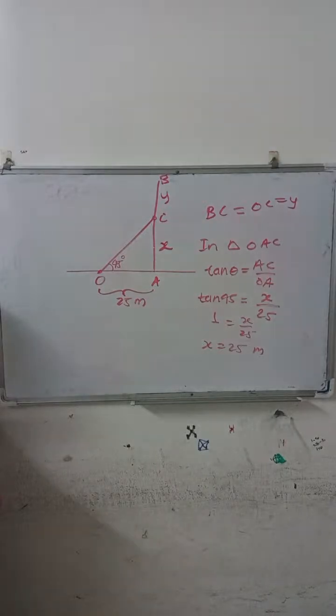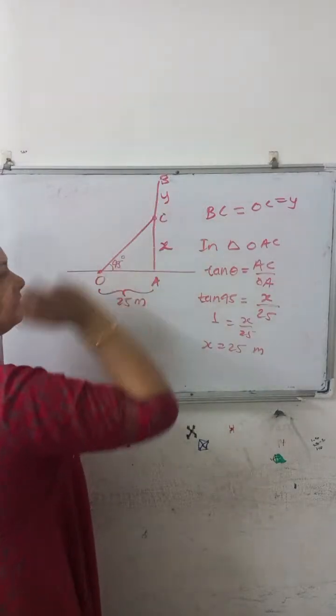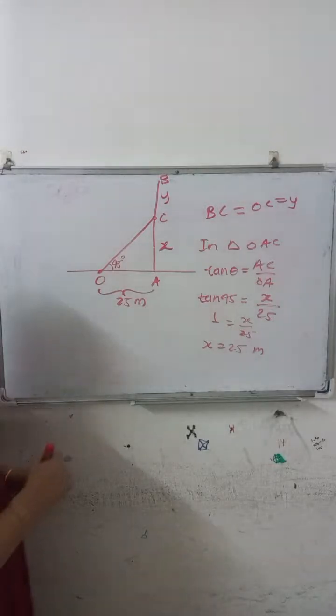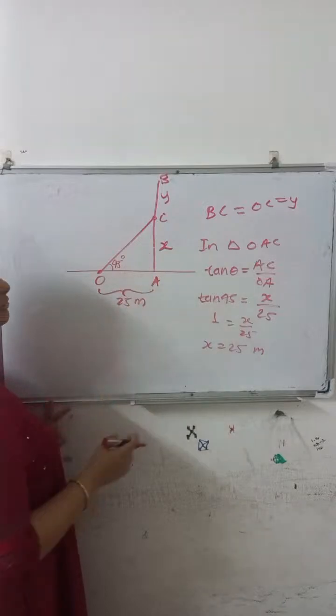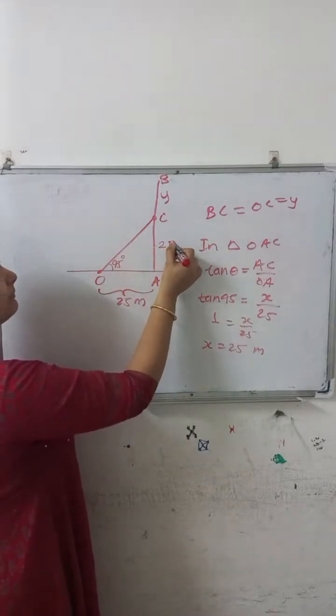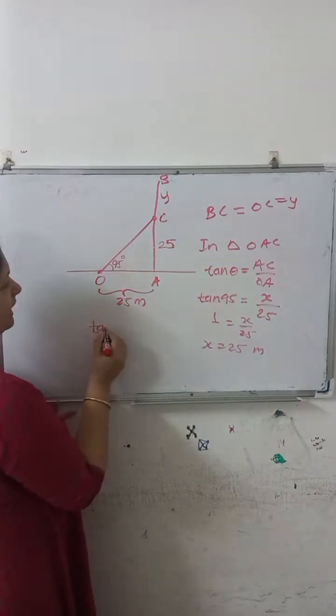But that is not my answer. I will get the complete answer when I add x with y. So I want to find the value of y also. How can you calculate y? Y is nothing but OC, the hypotenuse. Now I got x as 25.